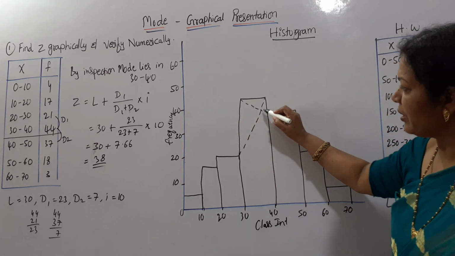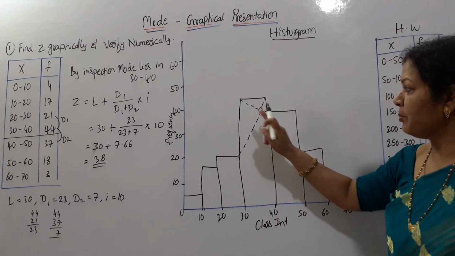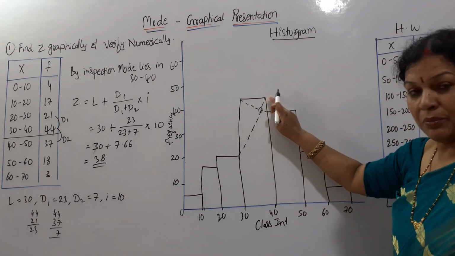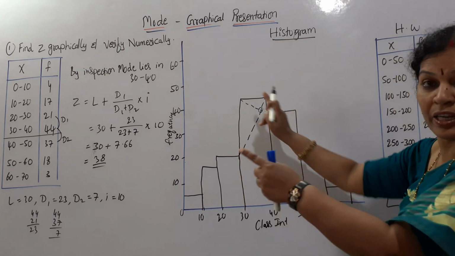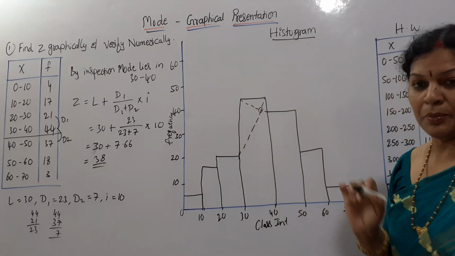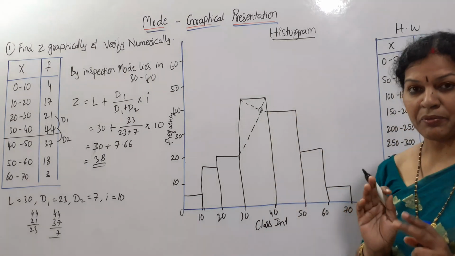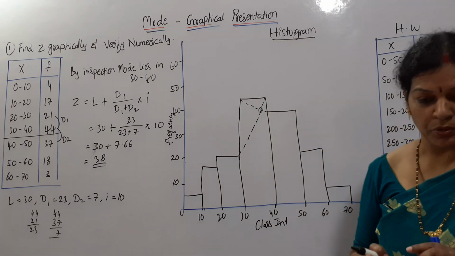Where both the lines are meeting together, this is the midpoint. If we take this to the downside, whatever value we get, that is the mode.